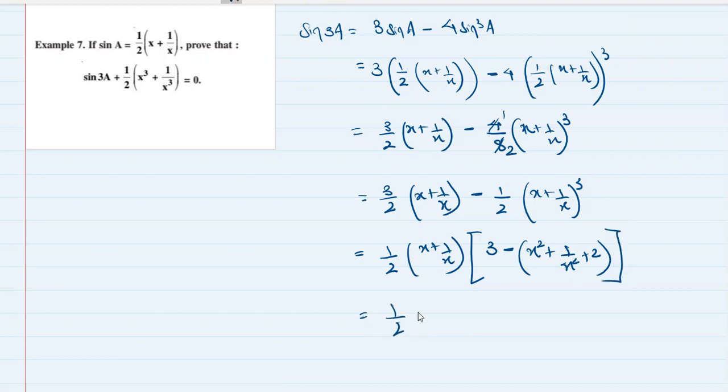Okay, so half bracket x plus 1 by x, 3 minus x square minus 1 by x square minus 2.